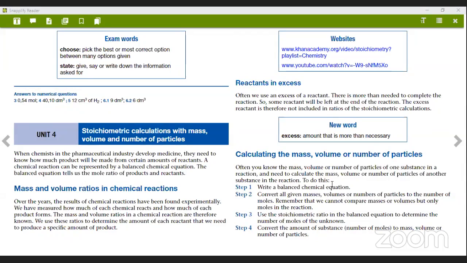You always have to make sure. That's why it's so important to balance your equation. If your equation is wrongly balanced, you will get 0 out of 10 marks, because everything else follows that balanced equation. After that, you convert the amount of the substance, number of moles, to mass, volume, or number of particles.